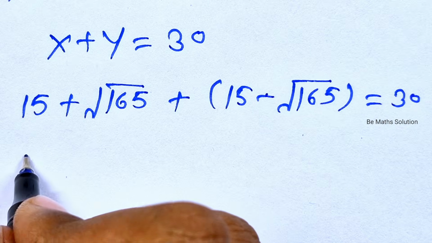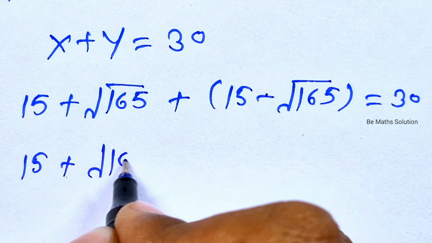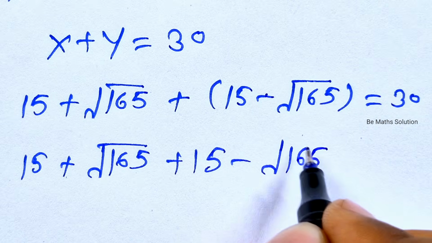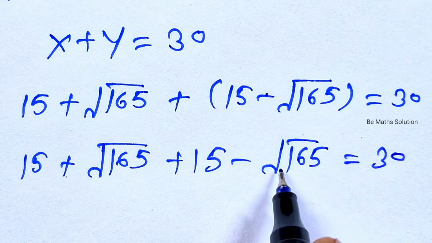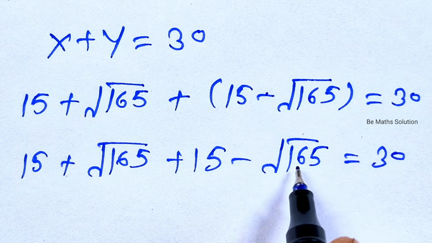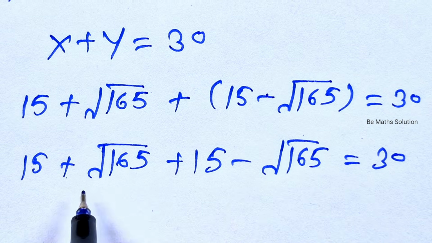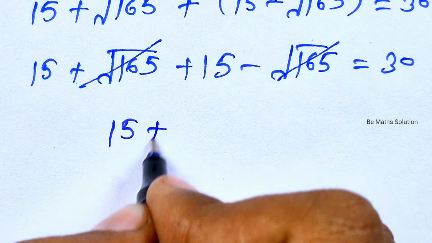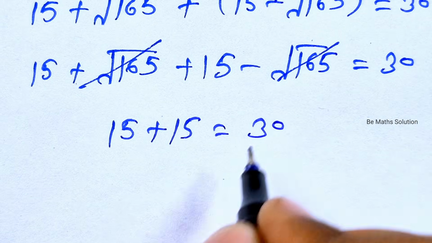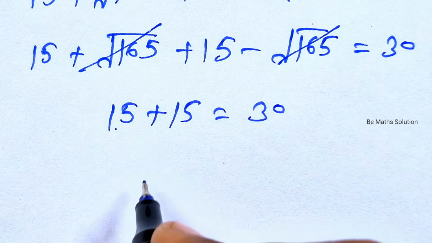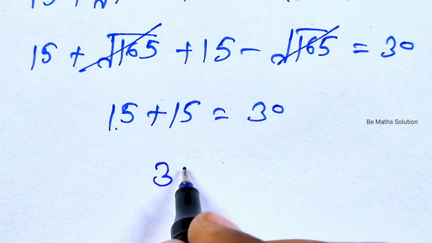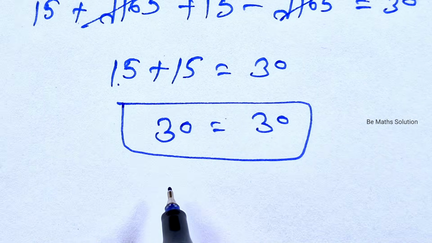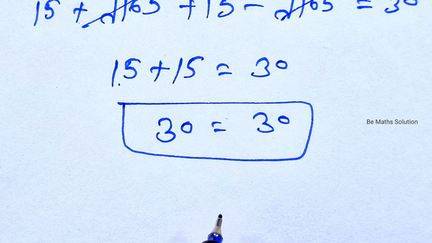Now the square root 165 with minus and the square root 165 with plus cancel. Then 15 plus 15 is equal to 30. So 30 is equal to 30. Left-hand side and right-hand side are equal.